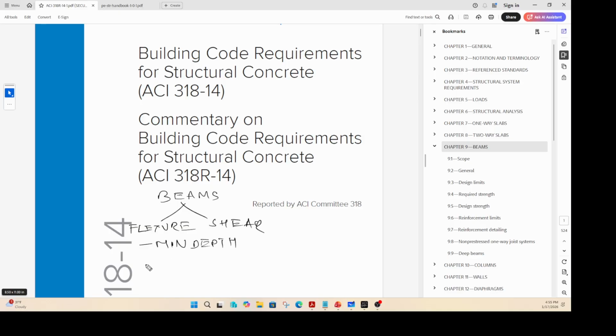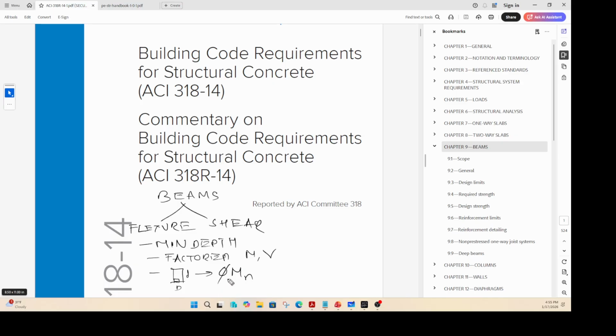We'll be talking about how you calculate your factored moment and shear. How do you calculate your sectional strength, given a certain b, a certain d, a certain reinforcement? How do you calculate its design capacity? How do you calculate the nominal, and how do you calculate design?